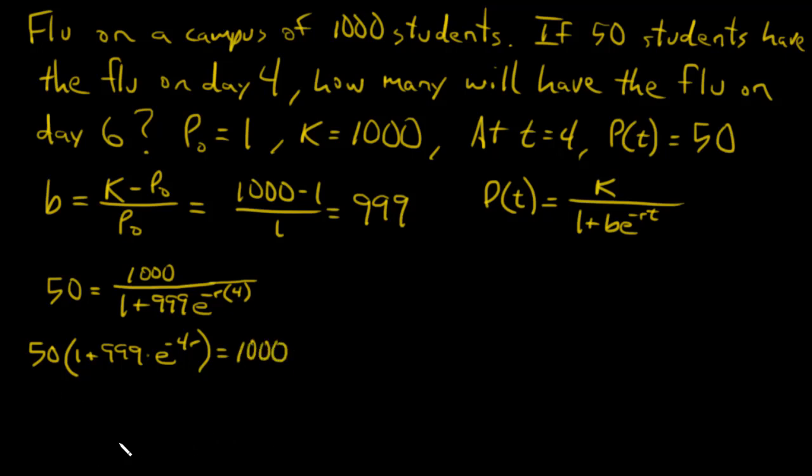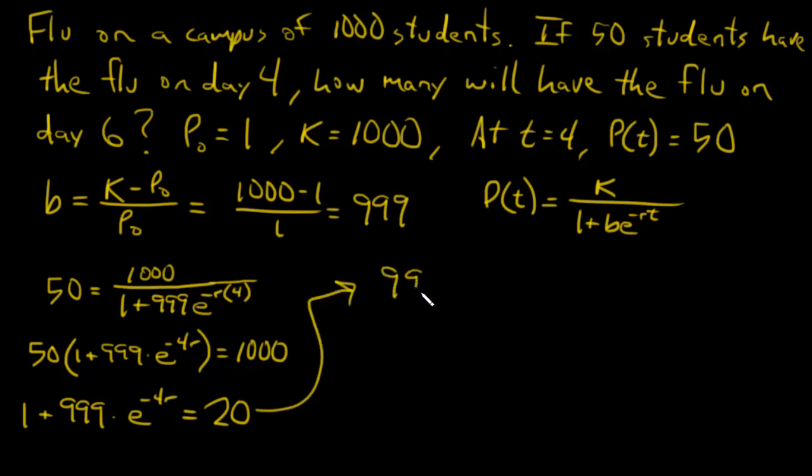Then I'm going to divide both sides by 50 to get 1 plus 999 times E to the negative 4R is equal to 20. Subtract 1 from both sides and I get 999 times E to the negative 4R is equal to 19.